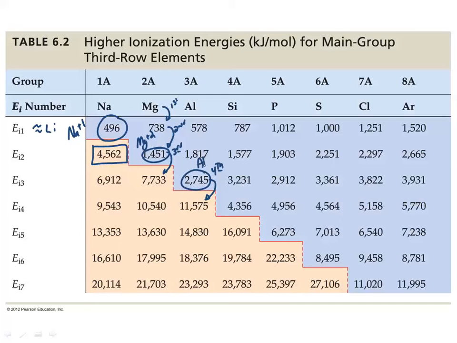Aluminum likes to be aluminum 3+ because it doesn't take a lot of energy. And so you can see, for instance, by the time you get down to sulfur, holy heck, there's no way you're going to get a sulfur that loses a ton of electrons. And so remember, part of the common charges is also due to that idea of getting those octets. And so removing an electron from that octet is super hard.